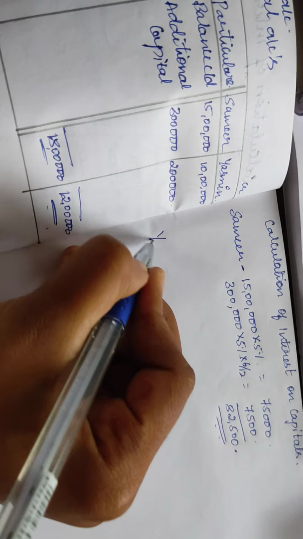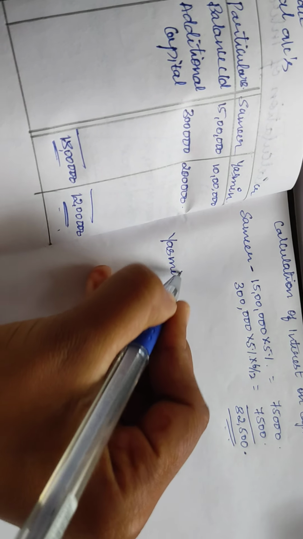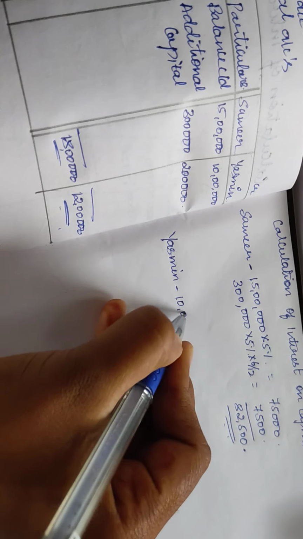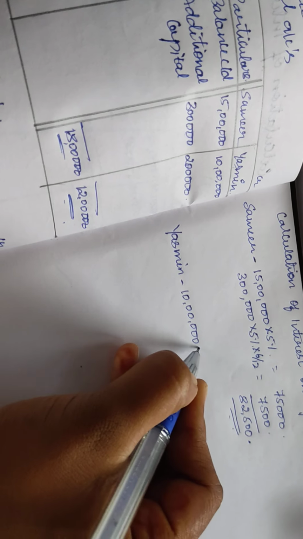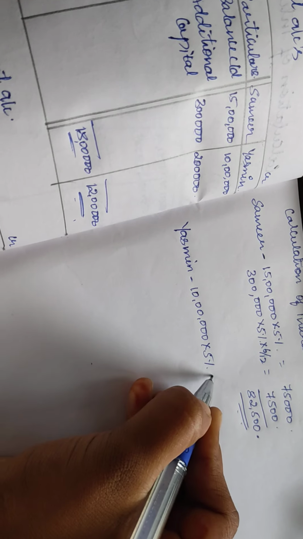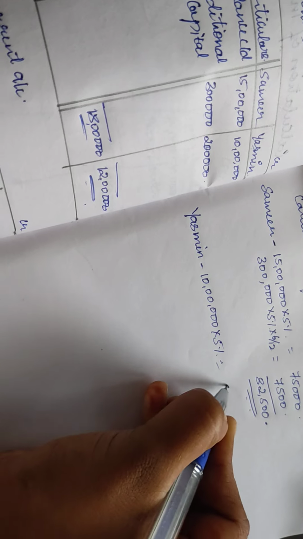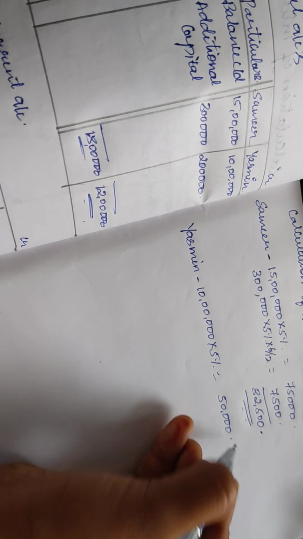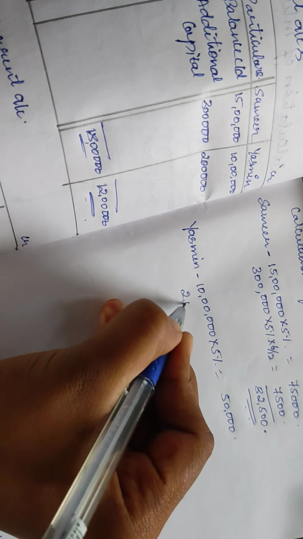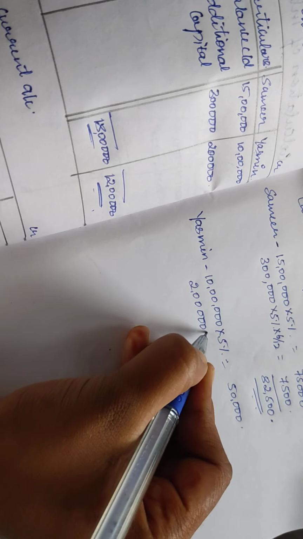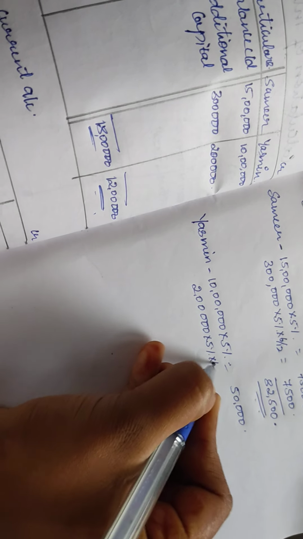Next partner is Yasmin. Yasmin brought 10 lakh. So 10 lakh into 5% is 50,000, and she brought the additional capital of rupees 2 lakh into 5% into 6 by 12.